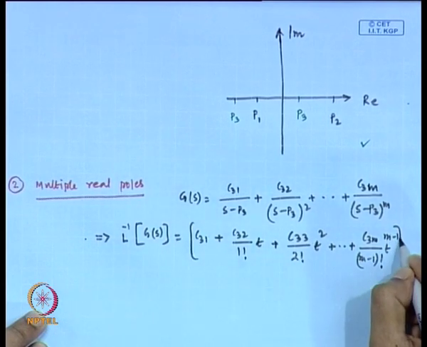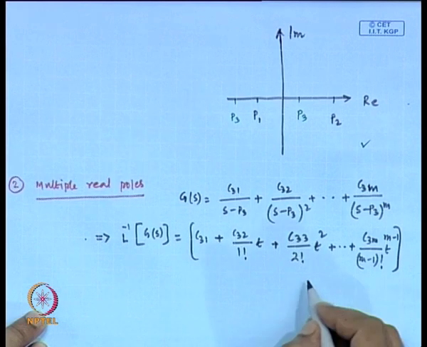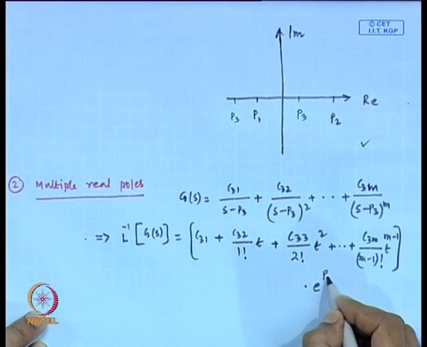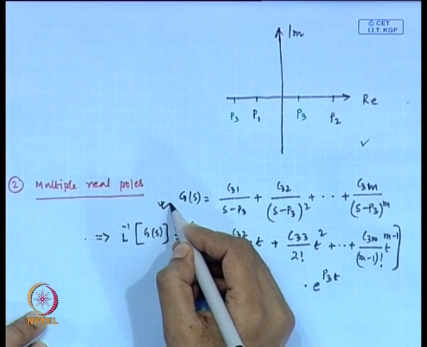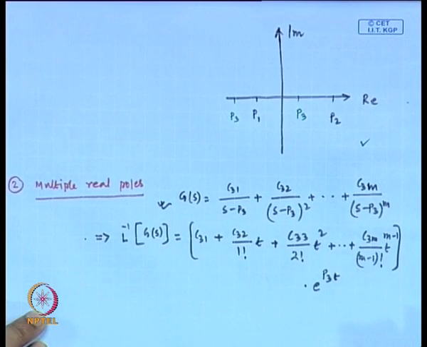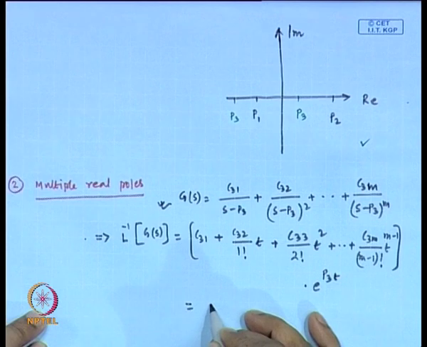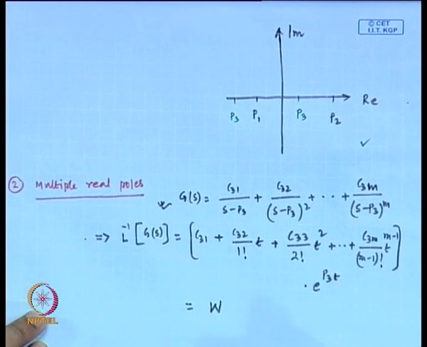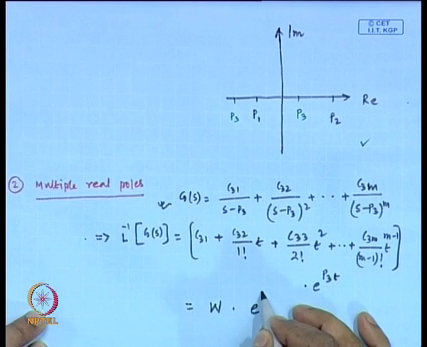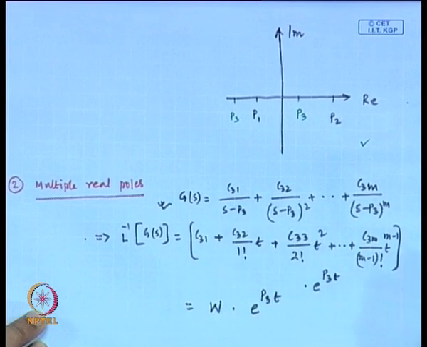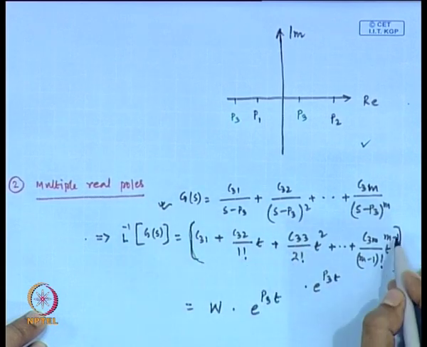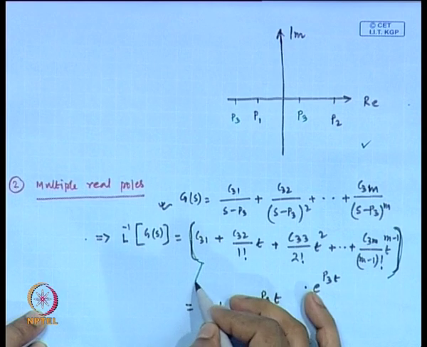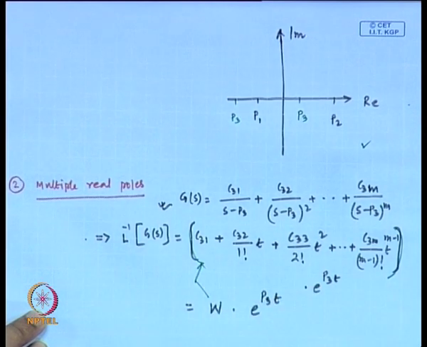This will be multiplied with exponential of P3 t. If we take the inverse Laplace transform of this transfer function, we get this. Suppose I am writing this whole part as W multiplied by e to the power P3 t. This one we are representing by W.